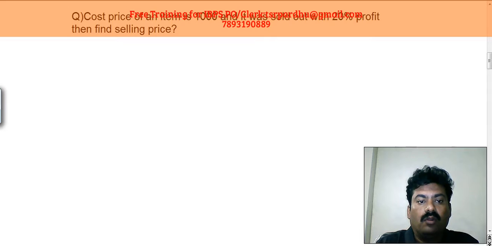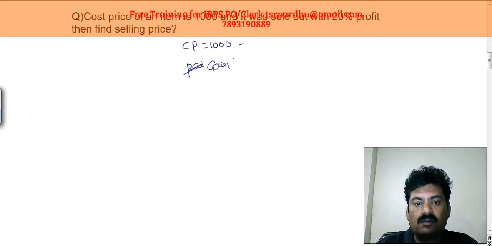Now we can note down the cost price as 1000 and the gain percentage is 20. Now we need to find out the selling price.